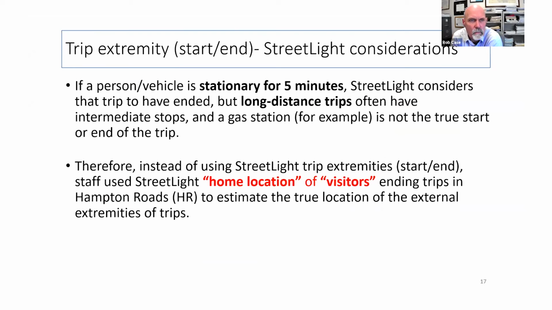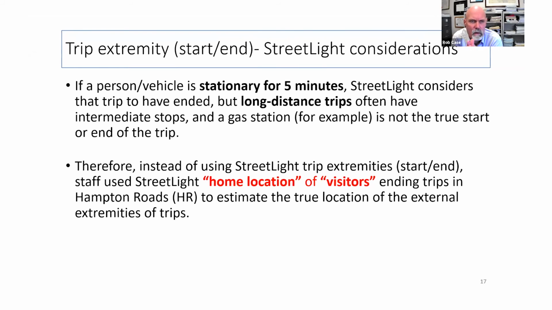And then just a little bit in the weeds, but this is important because the reason we used this home location was because, well, 2 reasons. One, because they're outside the state, but a lot of them. But 2, StreetLight ends a trip if the phone is stationary for 5 minutes, and that makes sense when you're talking about shorter distance trips.